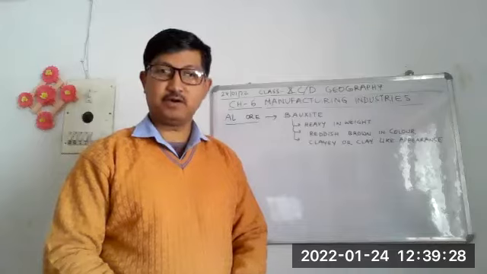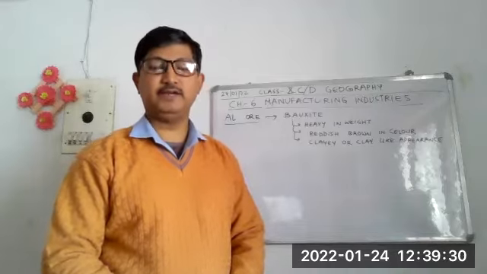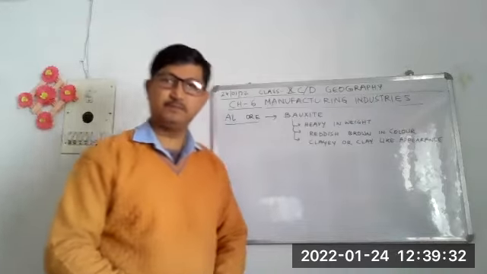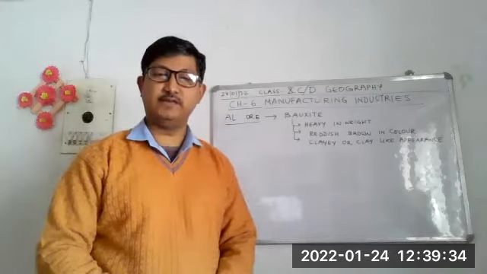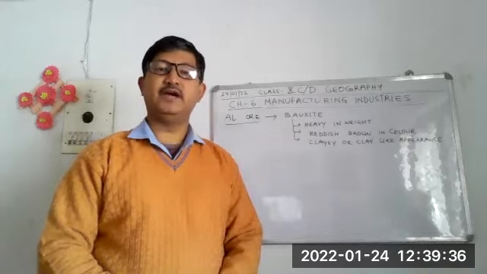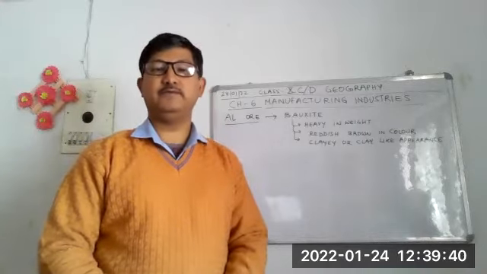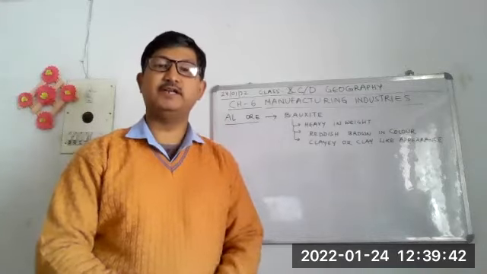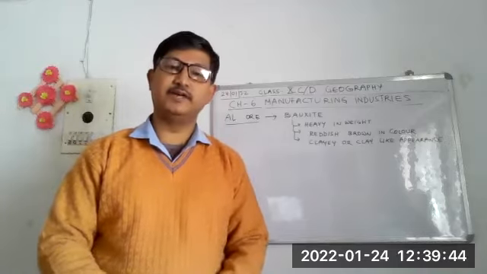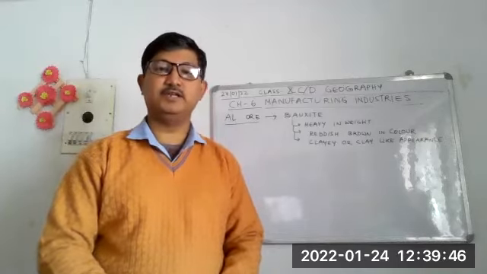So the electricity cost for manufacturing aluminium is very high. In order to get 1 ton of aluminium, we need to spend at least 18,600 kilowatt hour of electricity.